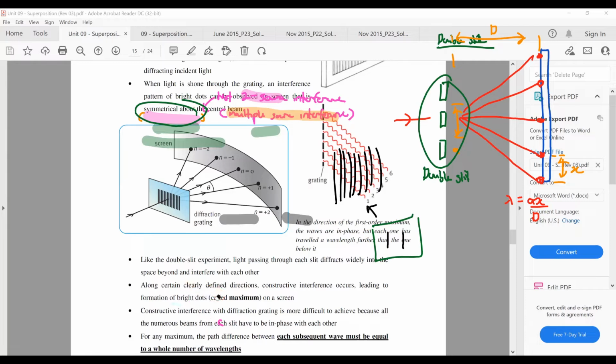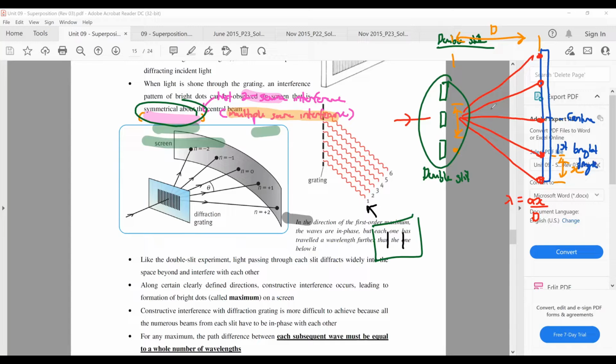What we'll tell you is this. Let me just give you an example. If you recall from the double slit experiment, this one was your center line. This one is my first bright fringe.